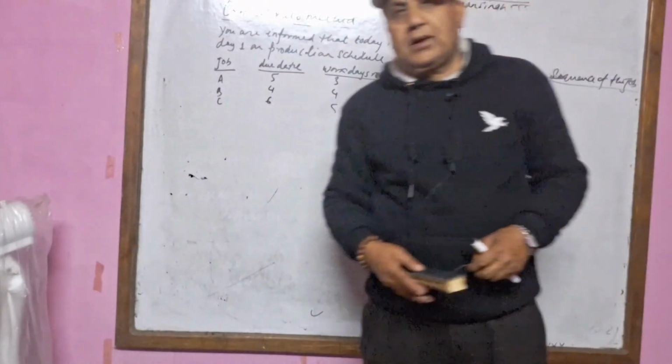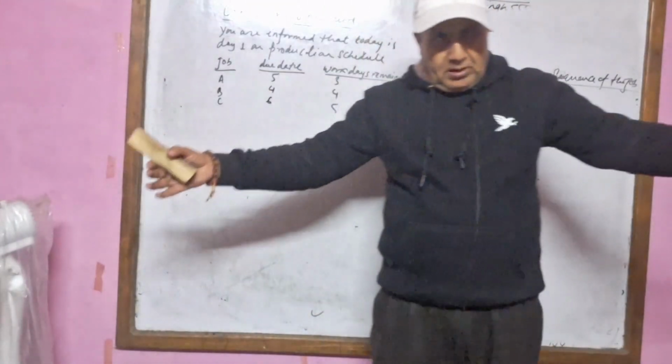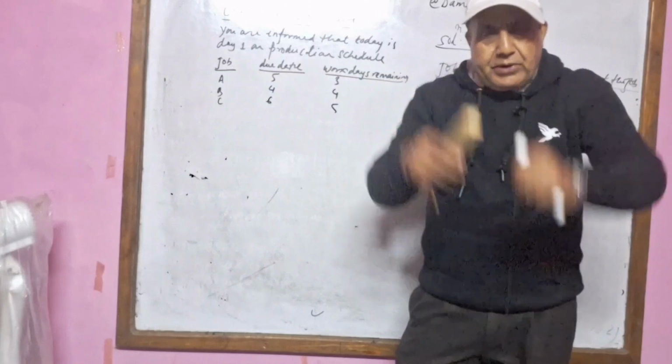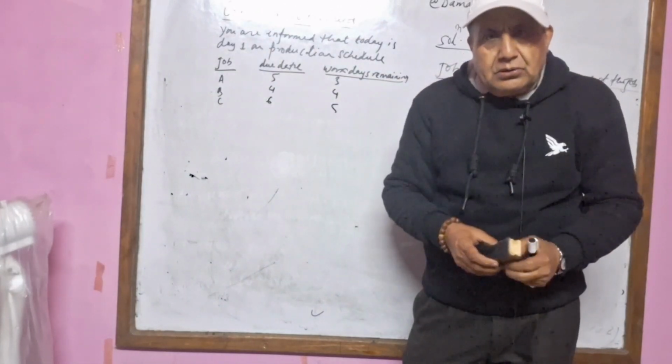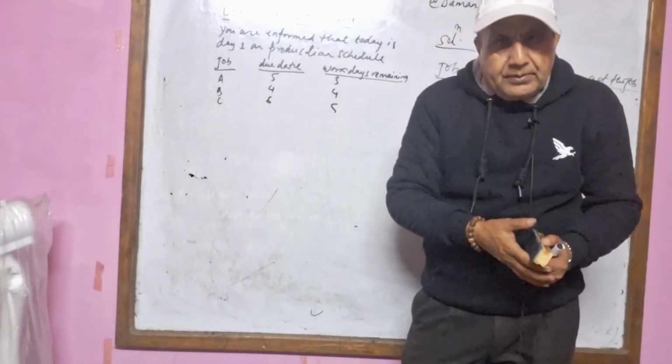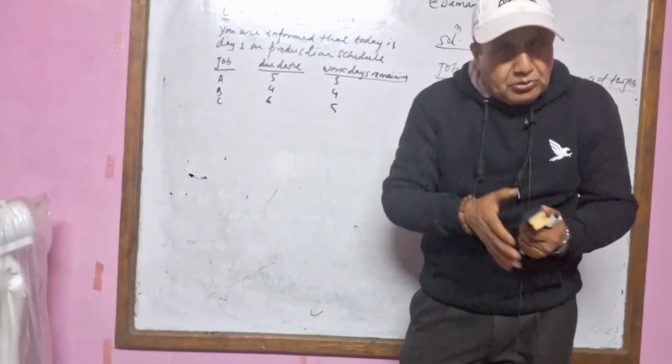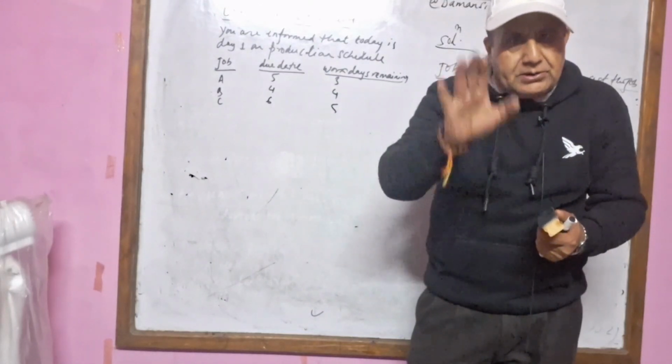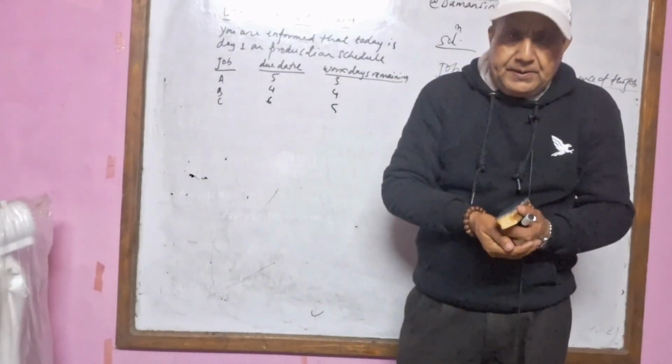Hello guys, once again I am in front of you, and today I am going to solve one problem that is based on priority sequencing, and the method is the critical ratio method.